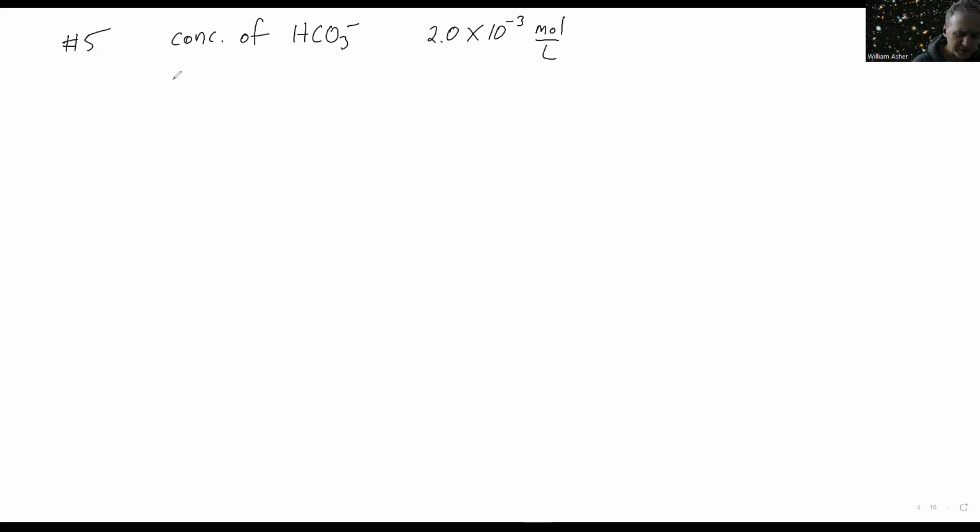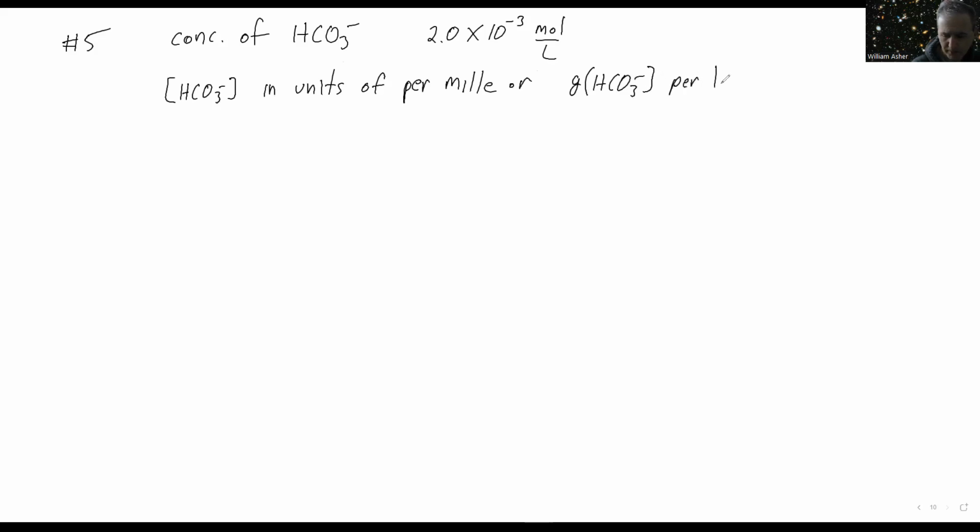And then I ask you, what is the concentration of HCO3 minus in units of per mil? Or grams of solute, grams of HCO3 minus, per kilogram of water. And I tell you here that we can assume that 1 kilogram of water has a volume of 1 liter.